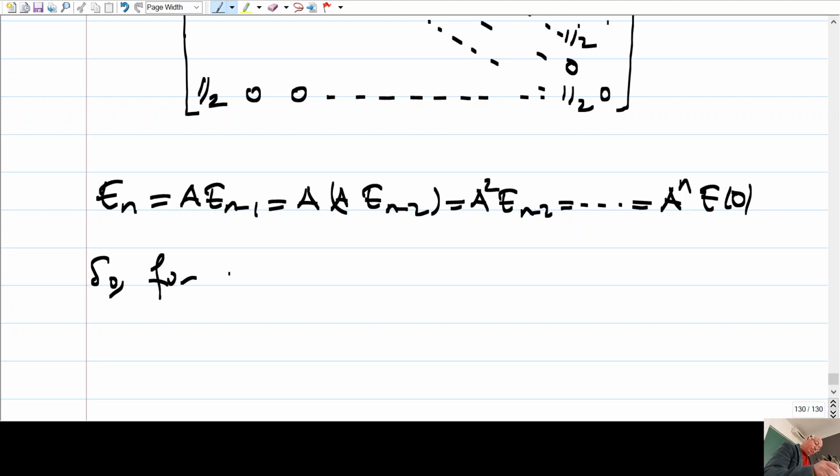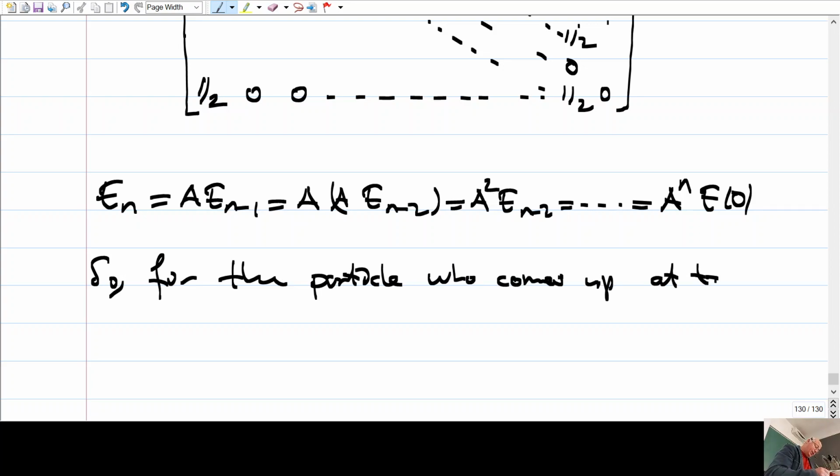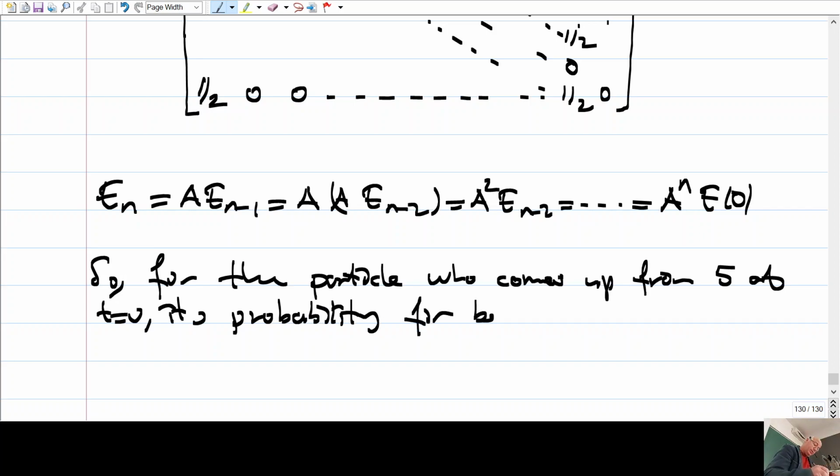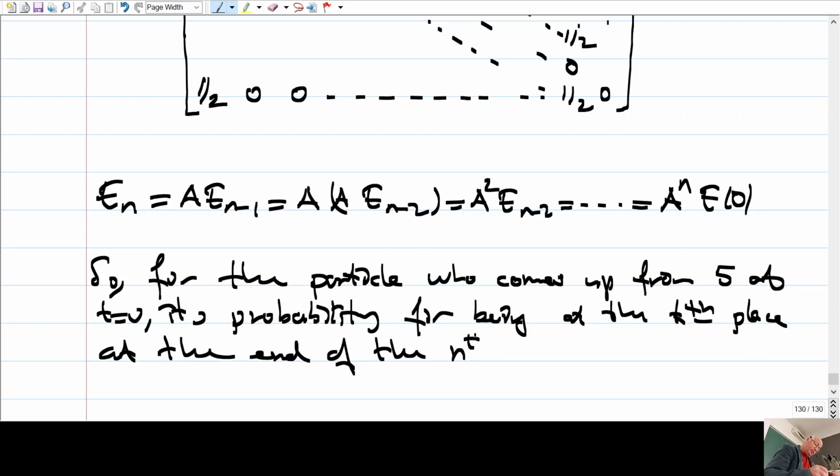So for the particle who comes up from 5 at t equals 0, its probability for being at the kth place at the end of the nth second is EKn.